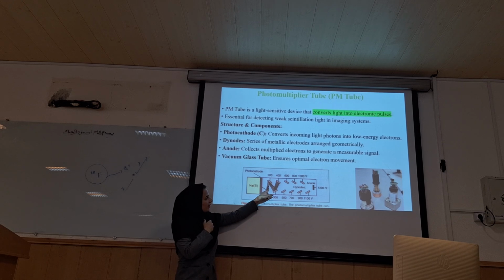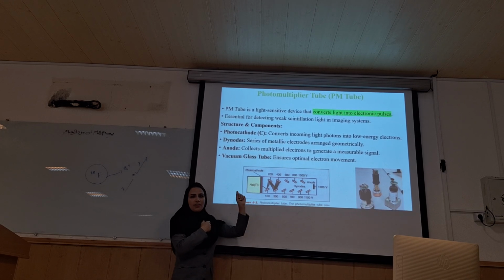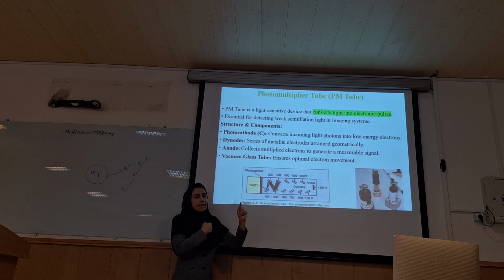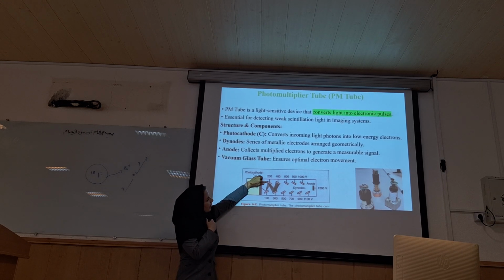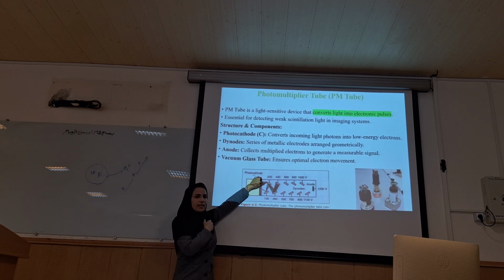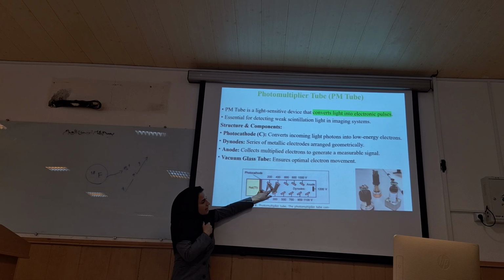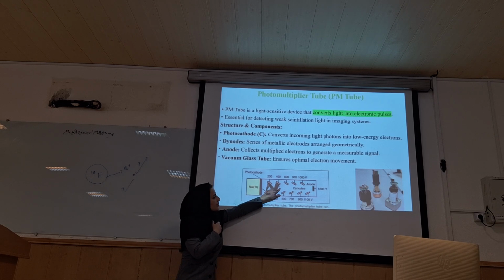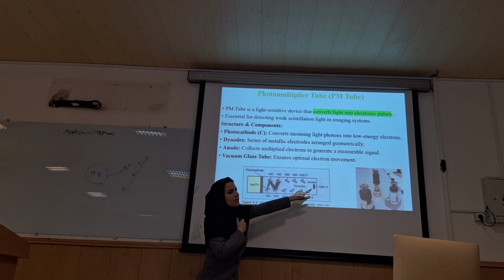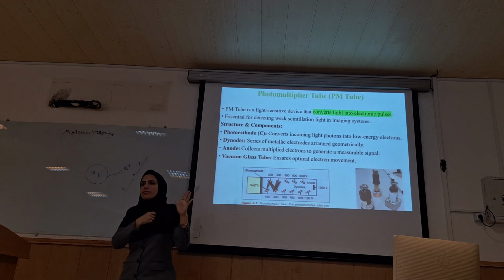This is the first, and this time we have more electrons. This line shows the number of my electrons. Again, they are received by the second dynode, and the second dynode increases the number of electrons again. And the third dynode increases again. This amplification is repeated in all the dynodes.